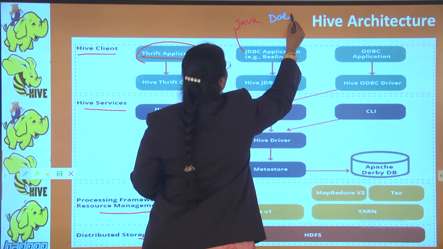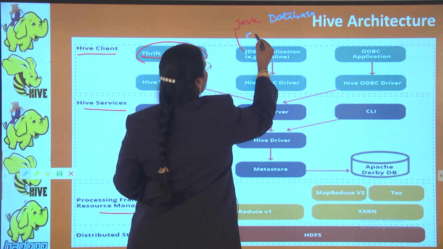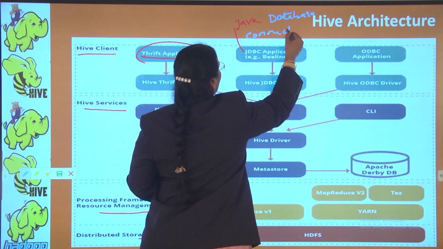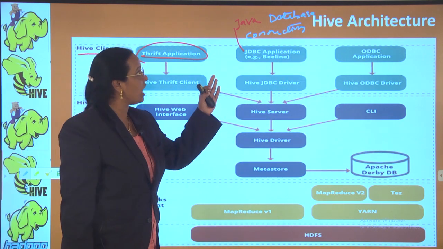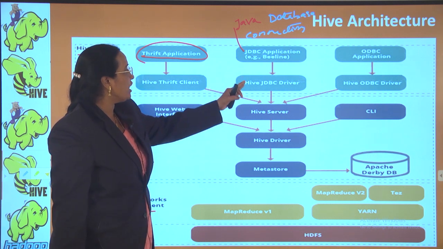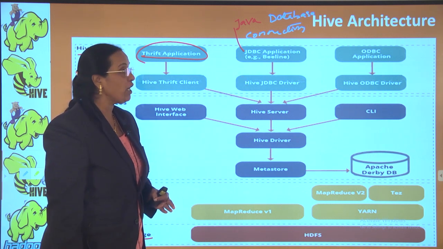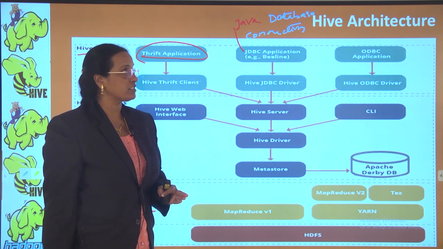So we are going to write Java database connectivity applications, and to do that we are going to make use of Hive JDBC drivers. That means you are going to use these drivers.